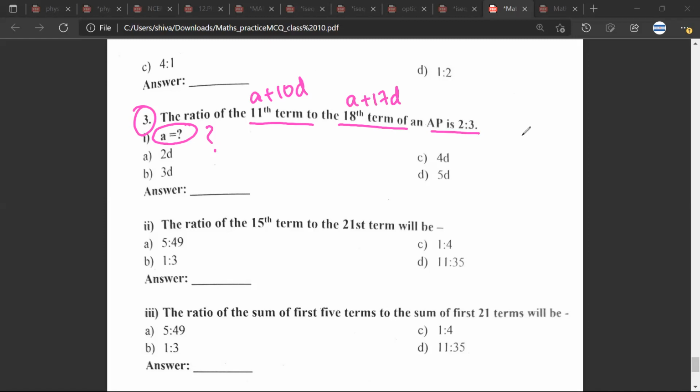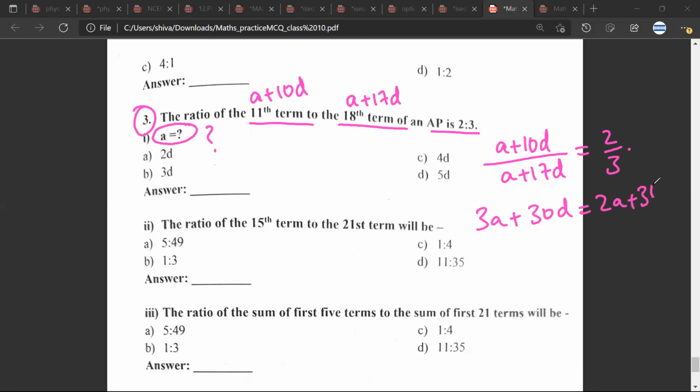So the final equation would be (A plus 10D) upon (A plus 17D) is equal to 2 upon 3, because the ratio is 2 upon 3. And then you will solve for A. So the answer would be C, 4D.